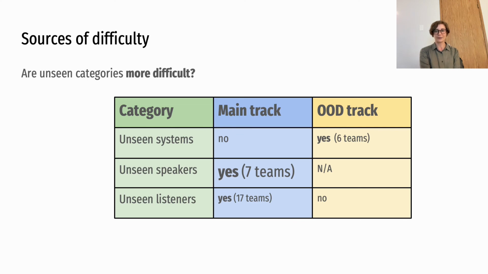In the main track, unseen systems were not significantly more difficult to predict for any teams. However, for the out-of-domain track, unseen systems were significantly more difficult for 6 of the teams. In the main track, unseen speakers were significantly more difficult to predict for 7 teams. The out-of-domain track was single speaker data, so there were no unseen speakers. Unseen listeners were also more difficult in the main track.